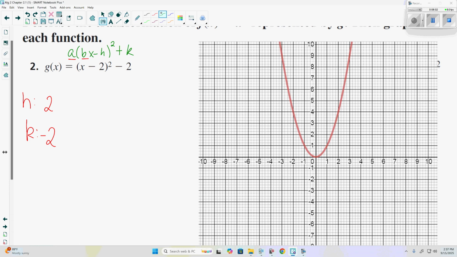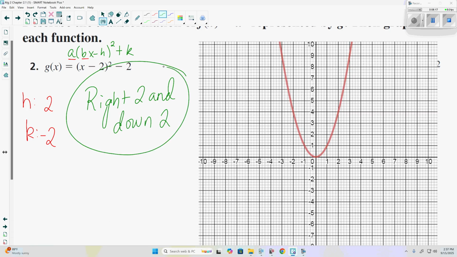So since h is positive 2, it's telling us we're moving right 2, and down 2 for our k value of negative 2. So we move 2 units to the right and down 2.